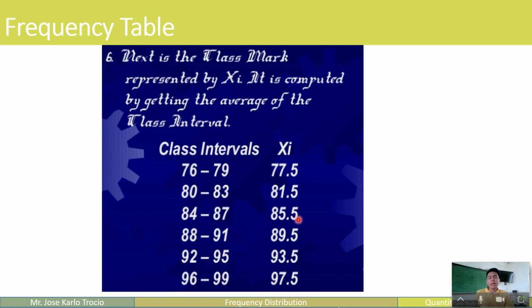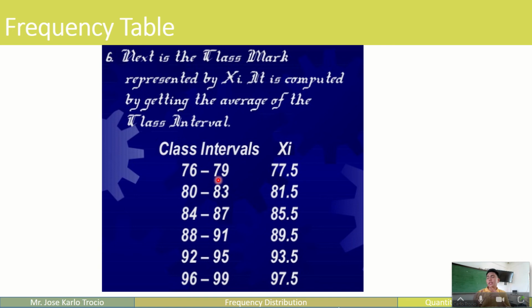While we have here the class mark, this is the representation of each interval so that you can find the mean and other statistics. Okay, statistical treatments. So you have 76 to 79. We are just going to simply find the mean or the average of this range.